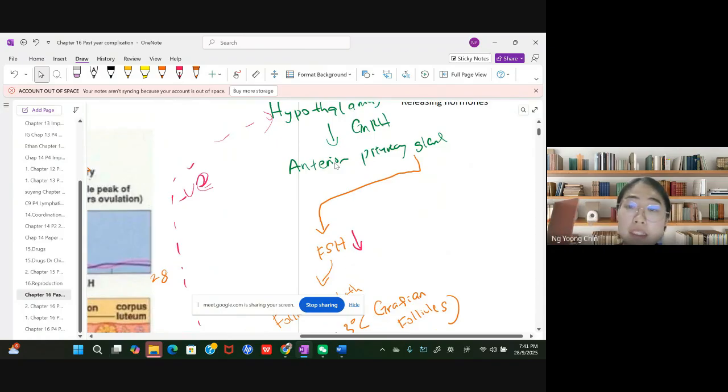I just draw an arrow down. Arrow down means inhibit. If the GnRH is inhibited, the FSH release and production is also inhibited.